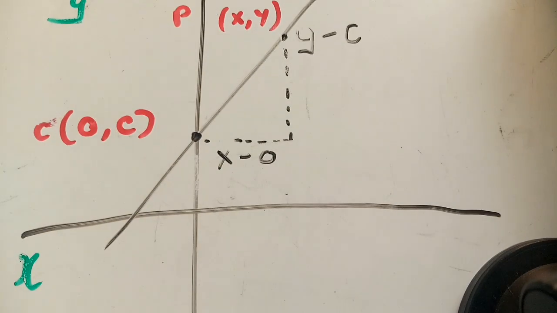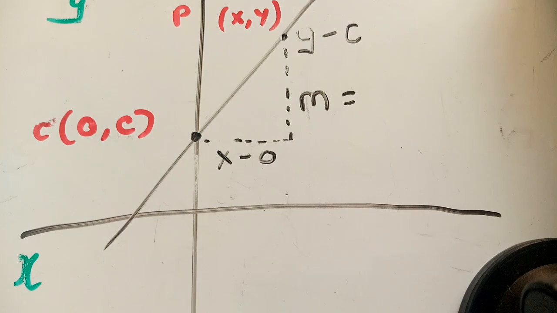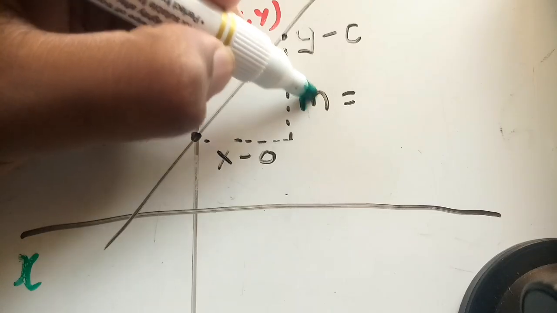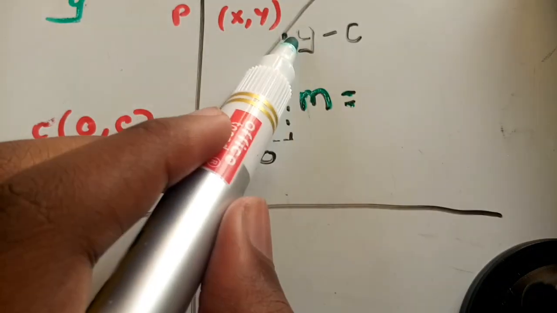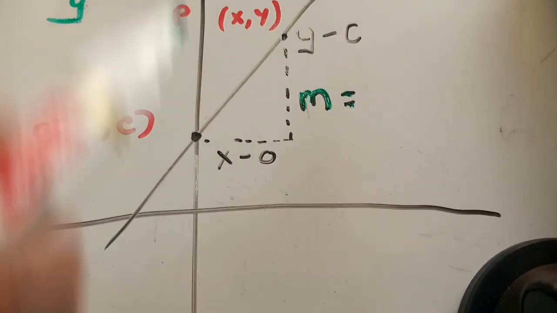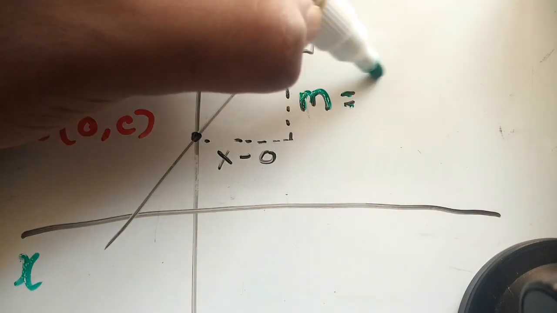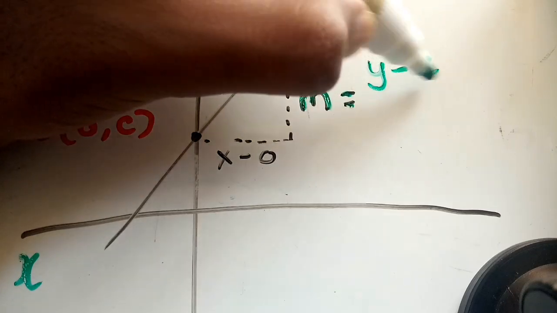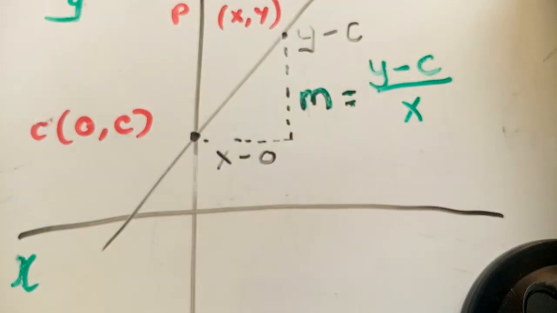To find the gradient, we say that it's m. So m is equal to changing y over changing x, vertical rise over horizontal distance. So y minus c over x minus 0, which is x.